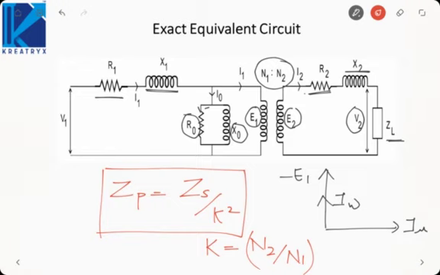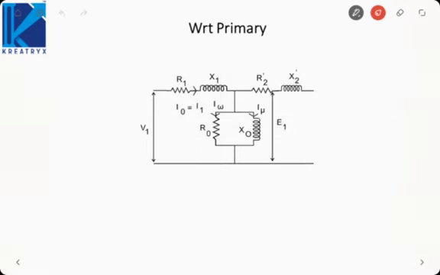So if we refer the circuit to the primary winding, then we have to form only one equation that will ease our effort. So how to refer is, the primary windings remain same, the secondary winding will be something like this. Here we will have R2 dash. What is R2 dash? R2 dash is R2 by K square. Then X2 dash is X2 by K square.